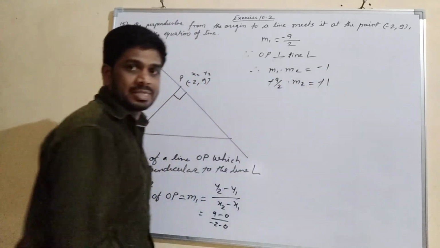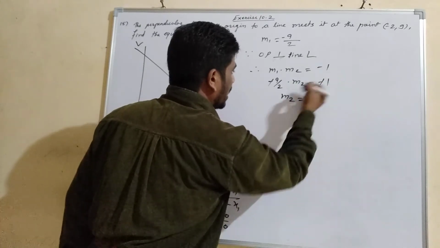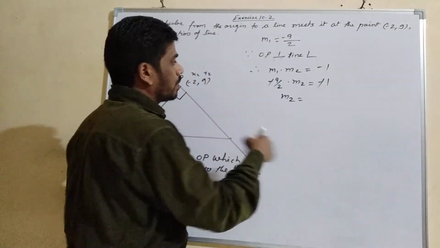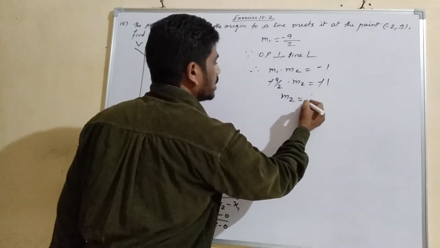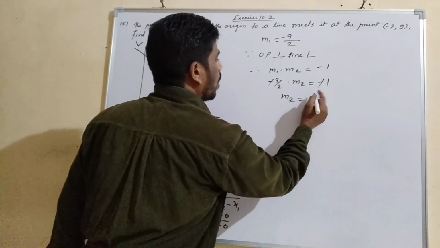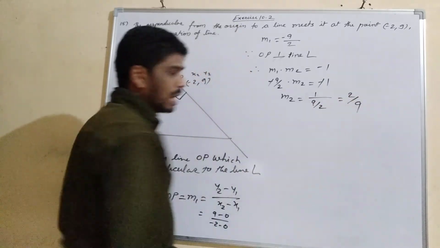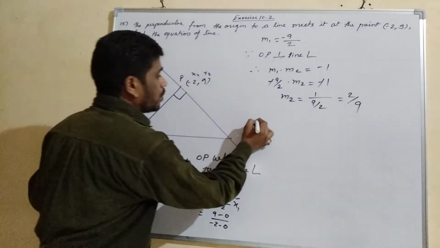Minus minus will cancel, which means m2 will be the reciprocal: 1 upon 9 by 2, which means 2 by 9. m2 we got.